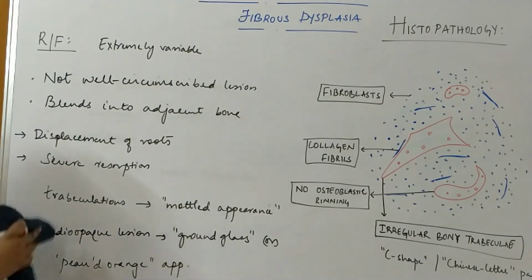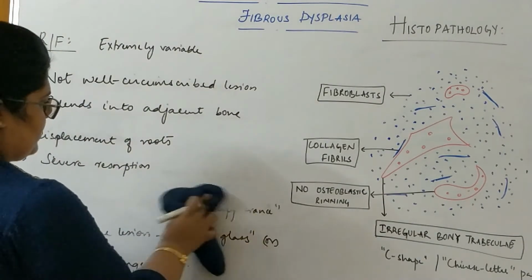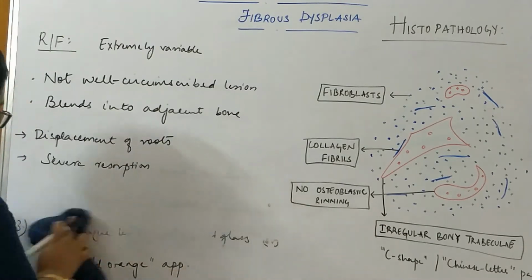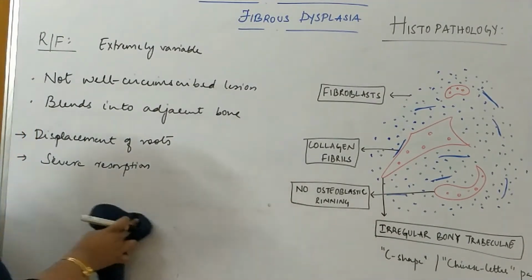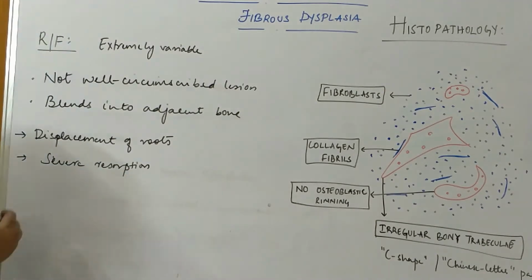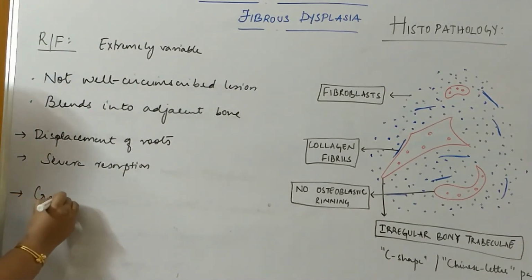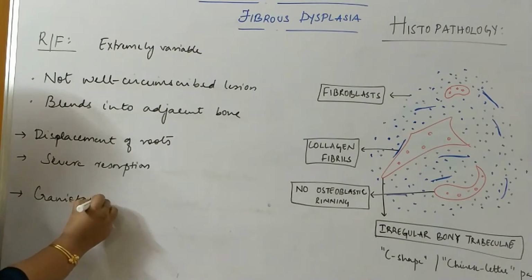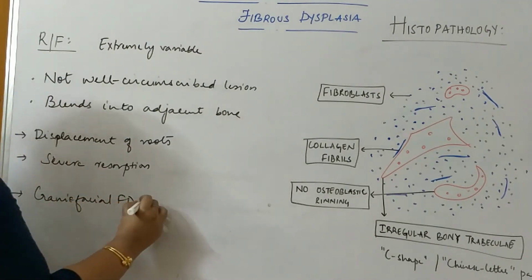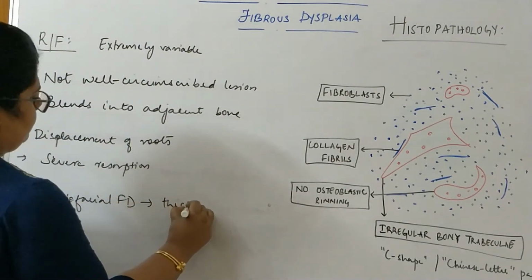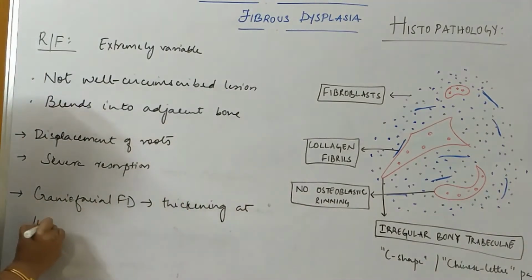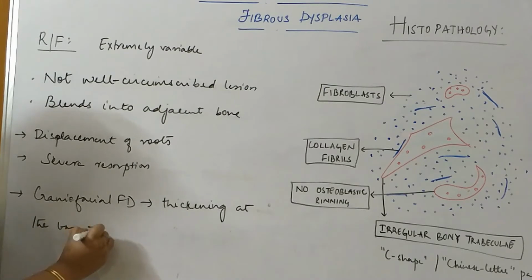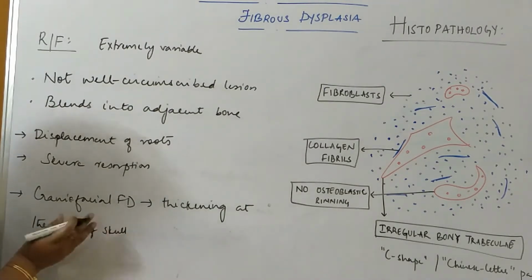Then in craniofacial fibrous dysplasia, you will see a characteristic thickening at the base of the skull. Why is this happening?